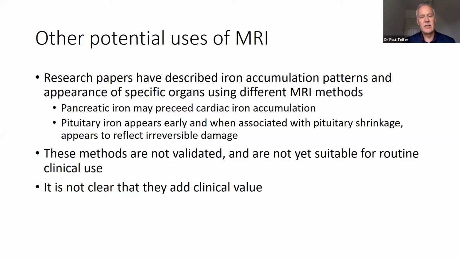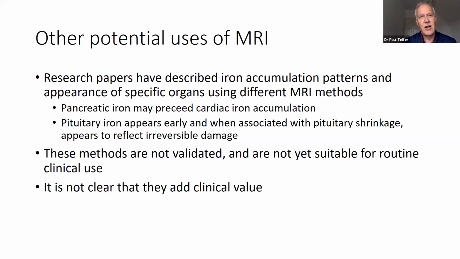These are very interesting and have provided some important data on what happens to the pancreas and how it correlates with iron in other parts of the body, particularly the heart. It does seem as though the pancreas loads with iron prior to myocardial loading, and may be an early indicator of the risk of cardiac iron, as well as perhaps predicting the onset of diabetes.